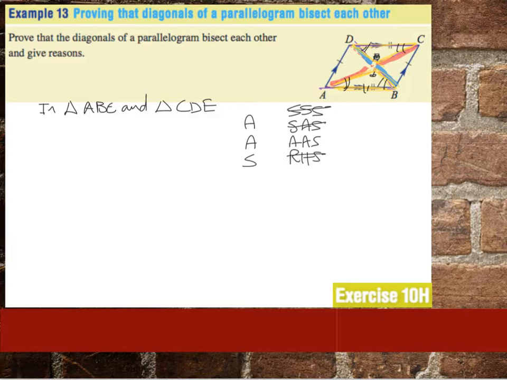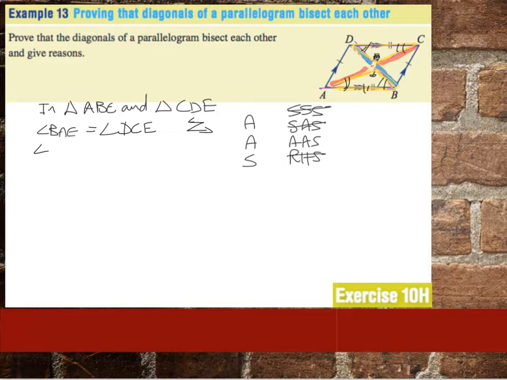Because there's two angles, I can't just say angle, so I'm going to say angle BAE equals angle DCE. The reason I say that is because they alternate.